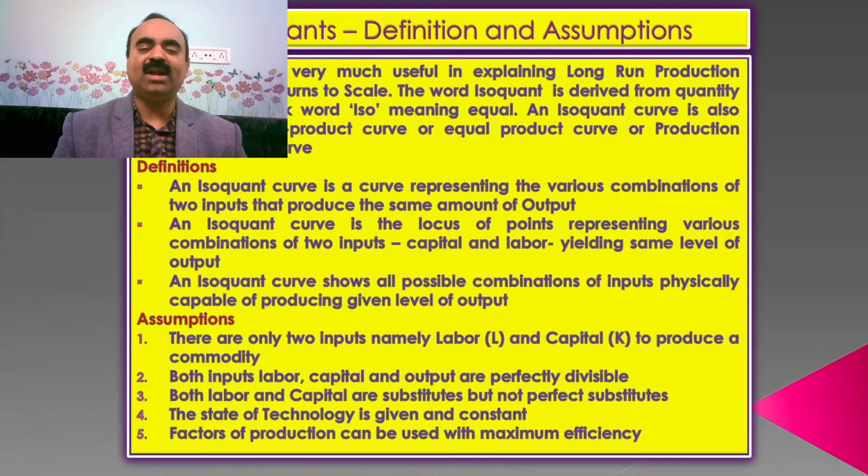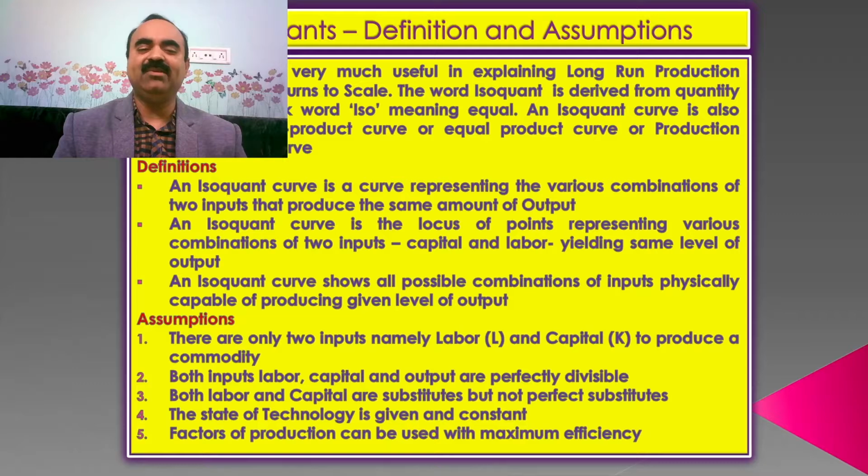An isoquant curve is the locus of points representing various combinations of two inputs, namely capital and labor, yielding same level of output. Third definition. An isoquant curve shows all possible combinations of inputs physically capable of producing given level of output.